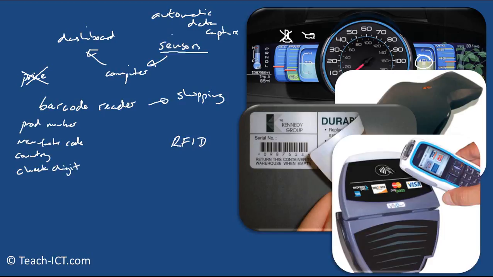And then this is potentially the future of shopping as well. It's called NFC. It stands for Near Field Communication. And you guys might be aware of this. You may even use this already. We refer to it in the UK as contactless technology.